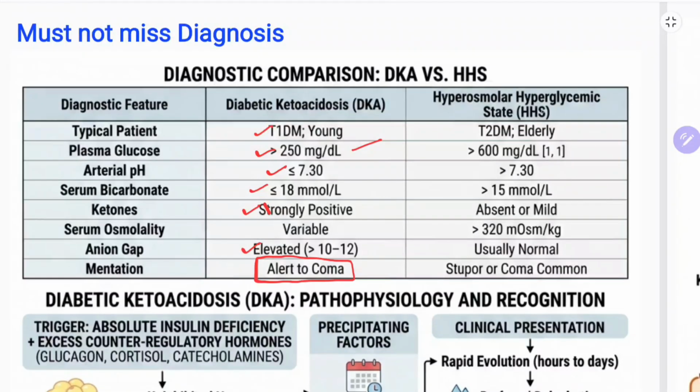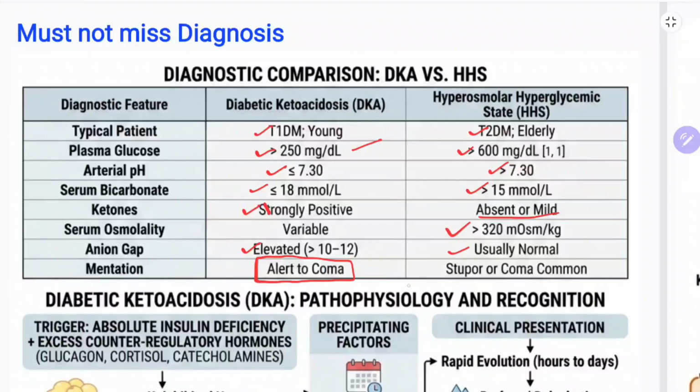HHS, the patient is type 2 diabetes mellitus and elderly patient. Glucose level is typically more than 600 mg per deciliter. pH is more than 7.3. Bicarbonate is more than 15 millimole per liter. Ketones are absent. This is a very important point. Osmolality is increased, more than 320 milliosmol per kg.